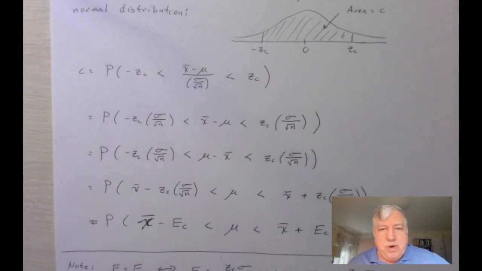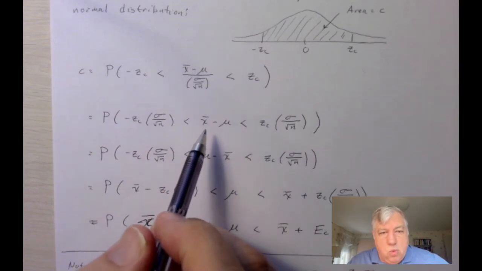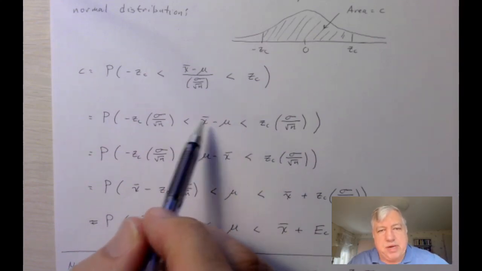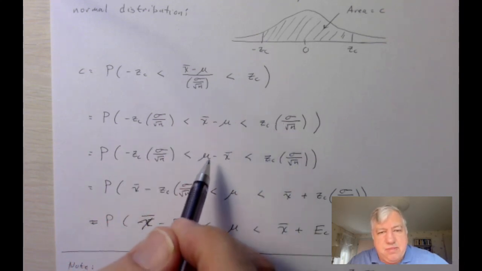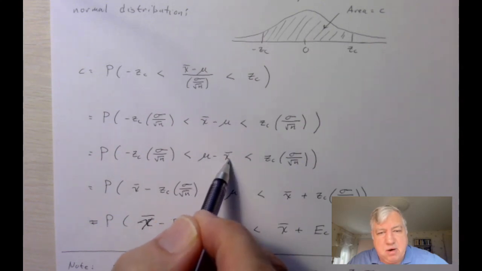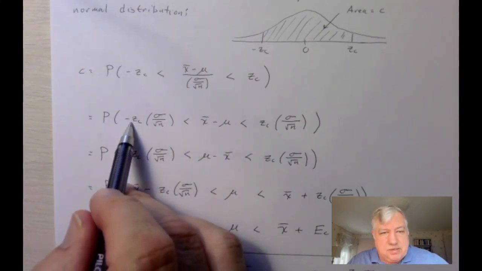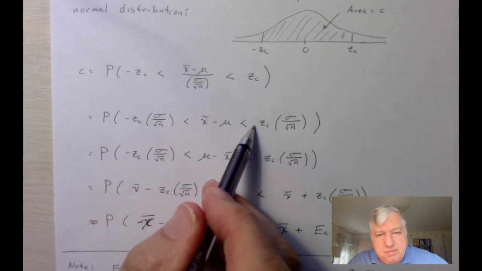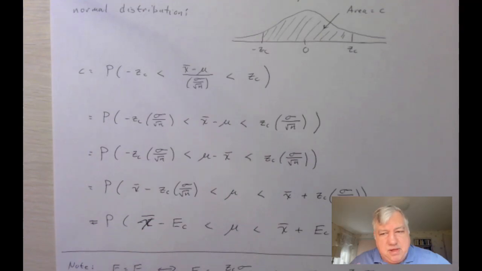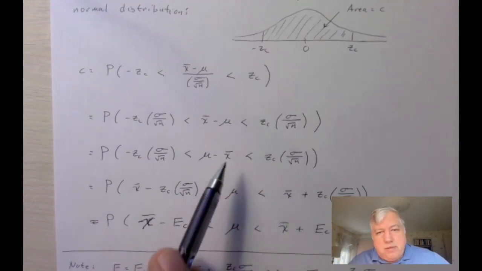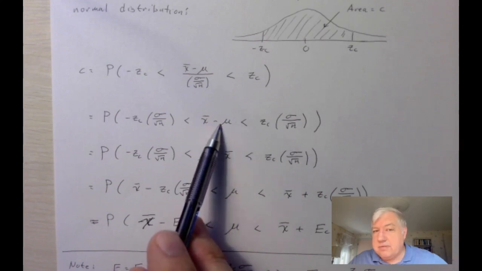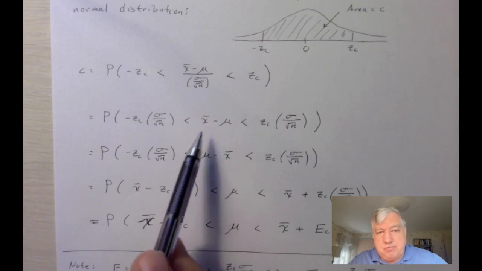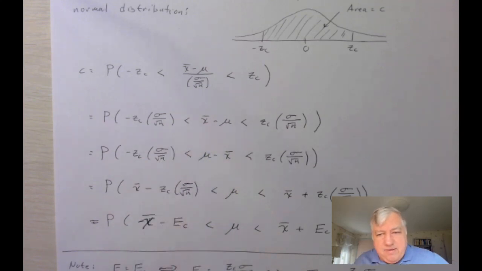Then we can multiply everything in here by -1, and if we do that, this becomes mu minus x bar, and the inequalities are reversed. But if we rewrite them again, we get this. Another way of thinking about this: if some number is between, let's say, -5 and 5, then its opposite is also between -5 and 5.